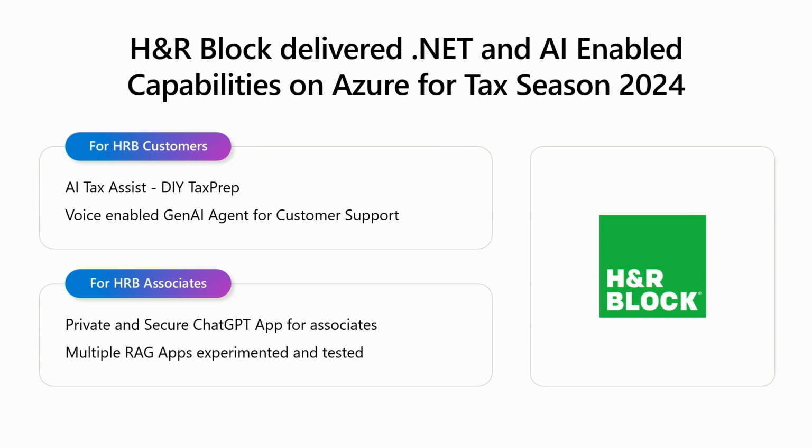There are some internal apps that we also built. One of them was a private and secure enterprise ChatGPT before Copilot or enterprise ChatGPT by OpenAI was available. And we also built multiple RAG apps using different content data sets to learn how content impacts the quality of the responses.